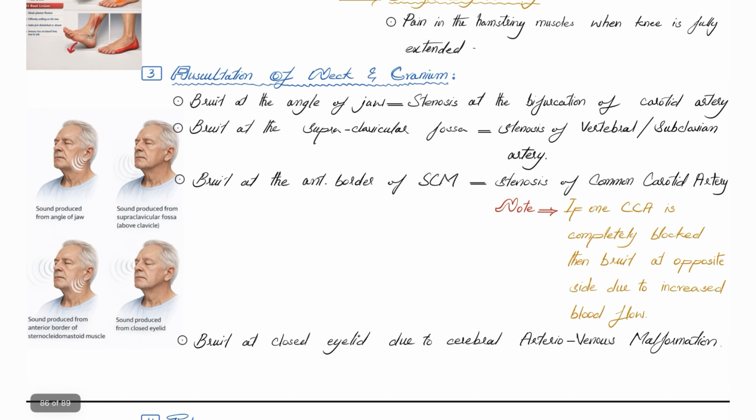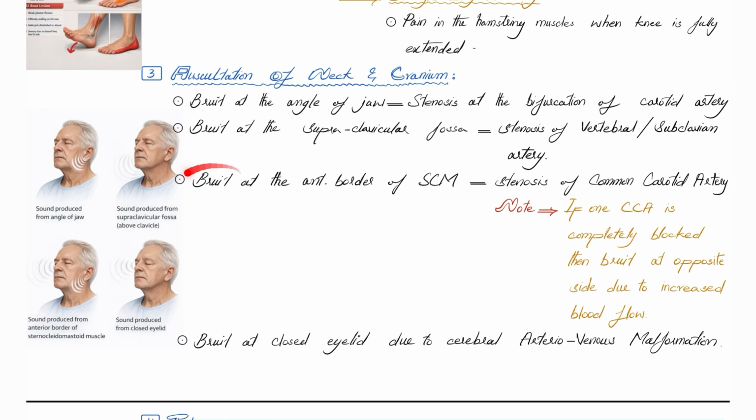You may hear a bruit. Now a bruit is a low continuous rumbling sound and it is produced because of turbulent blood flow. If a bruit is heard at the angle of jaw, this can be because of stenosis at the bifurcation of carotid artery, and if a bruit is heard at the supraclavicular fossa, then it may indicate stenosis of vertebral or subclavian artery.